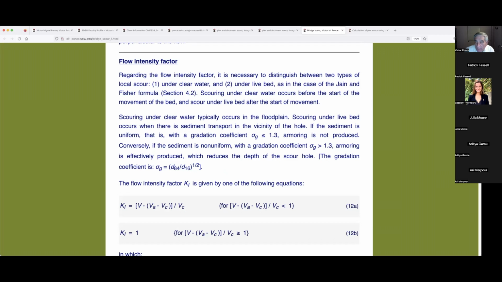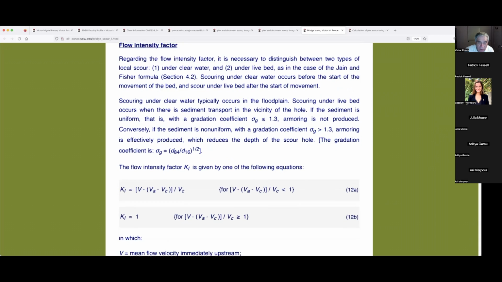Armoring is the erosion of the finer portions of the sediment bed, leaving the larger portions behind, which eventually armor the bed. You don't remove all the sediment, but the sediment has technically been protected against subsequent or additional erosion by the concept of armoring. If the sediment is non-uniform with a gradation coefficient sigma sub g greater than 1.3, armoring is effectively produced, which reduces the depth of the scour hole.